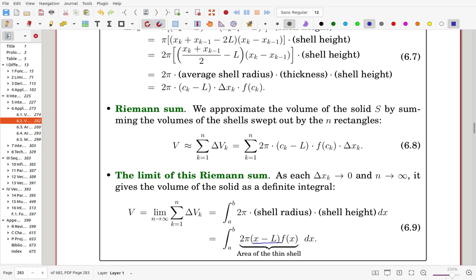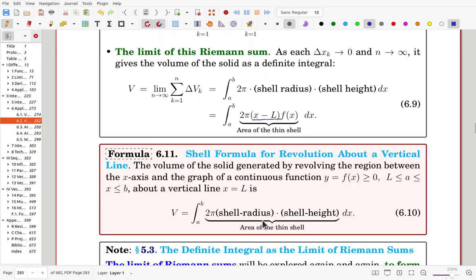So this whole thing is the same as the area of the thin shell at x, and now the area is integrated. So the main idea is the same as the earlier technique, but here we get the area of the thin shell. We summarize the formula.